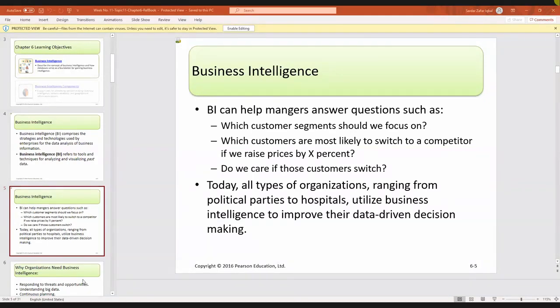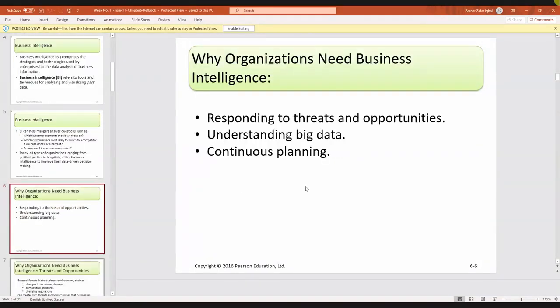Okay, so moving to the next. Why does an organization need business intelligence? We discussed many factors and many examples, but in this slide you can categorize these examples into threats and opportunities. If you do not do the competitor analysis, there is a threat for you that you will lose customers, because you don't know your competitor is progressing and why.